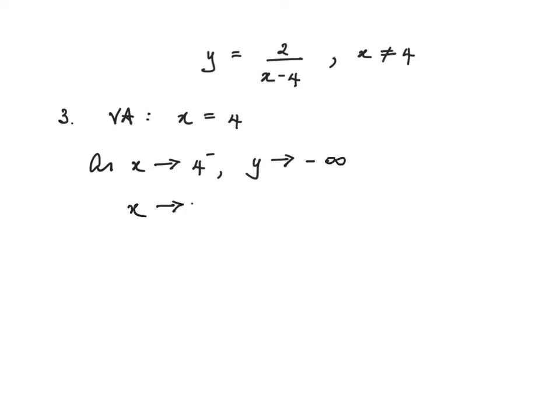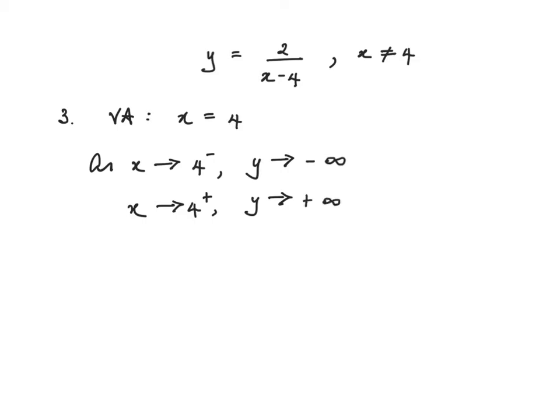As x tends to 4 from the right, a number just bigger than 4, take away 4 gives us a very small positive value. So 2 divided by a very small positive value gives us a large positive value, which is to say, as x tends to 4 from above, y tends to positive infinity.